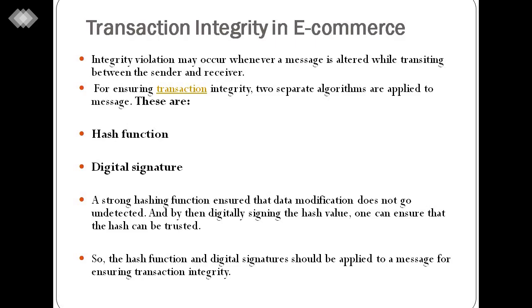A strong hash function ensures that data modification does not go undetected, and by digitally signing the hash value, one can ensure that the hash can be trusted. So the hash function and the digital signature should be applied to a message to ensure transaction integrity.